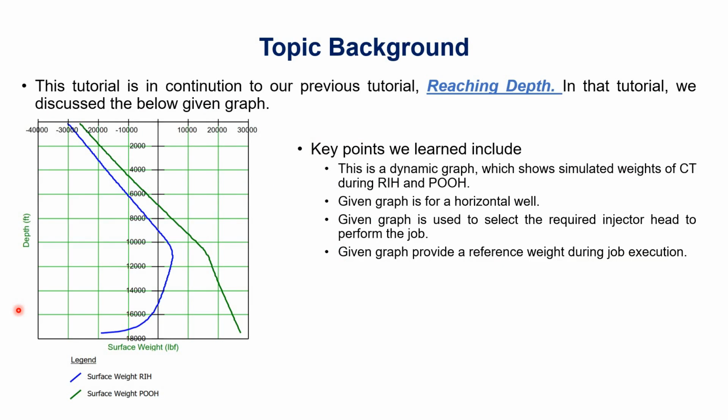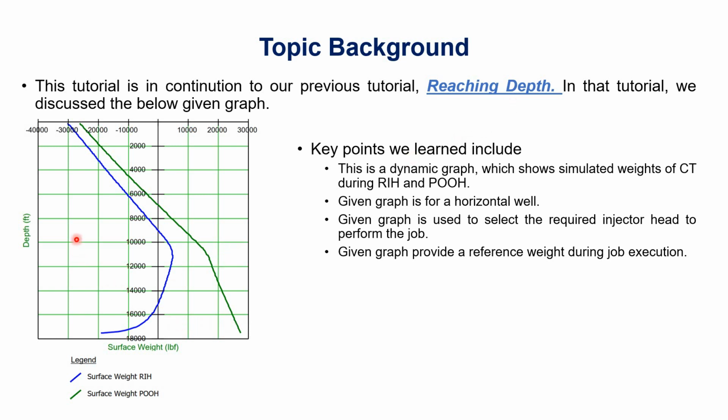But before going ahead, let's build a continuity between this tutorial and our previous tutorial. This tutorial is in continuation with our previous tutorial named reaching depth. In that tutorial we discussed this graph, which is known as the reaching depth graph.